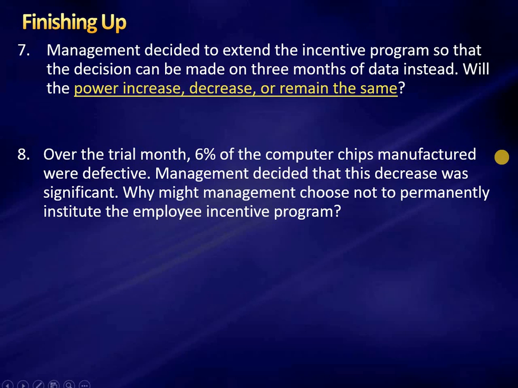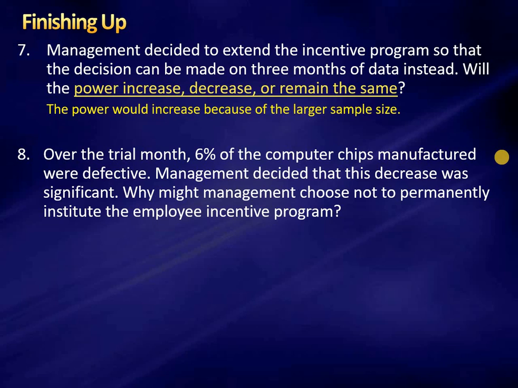The power is going to increase. Okay? The big thing that I need you to understand about power is in order to gain more power, you either need to do what to the alpha, increase alpha, or do what to the sample size? Increase.